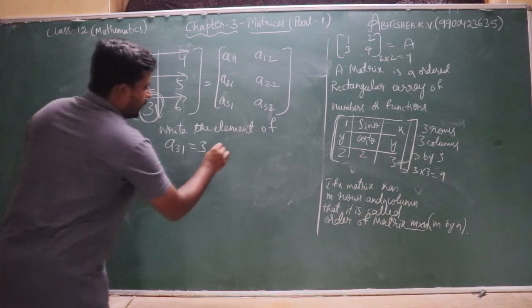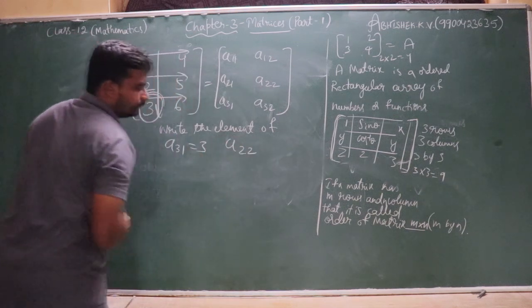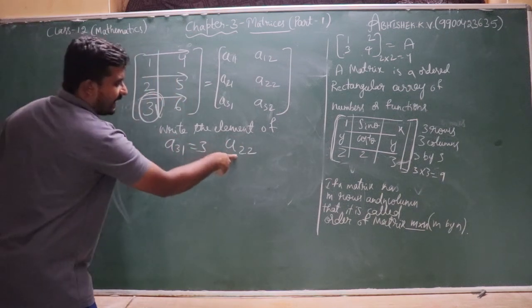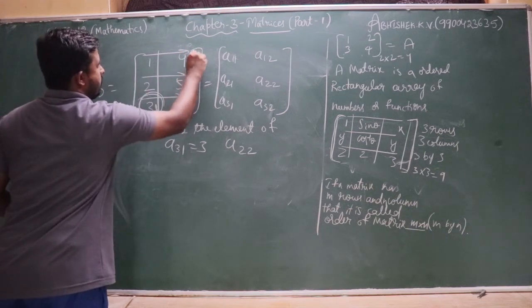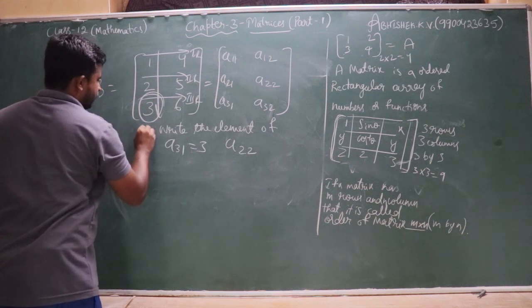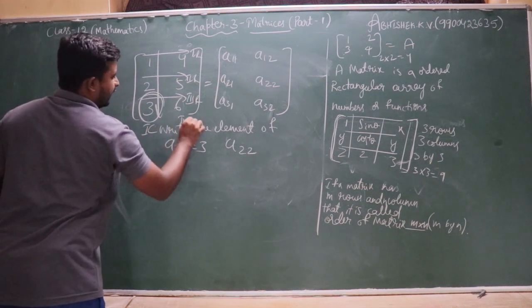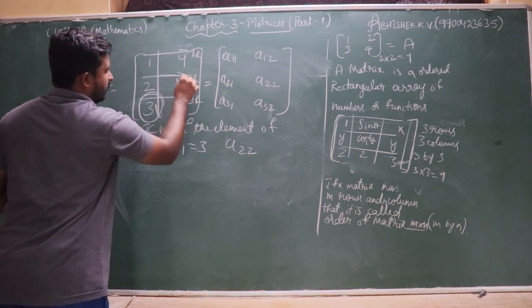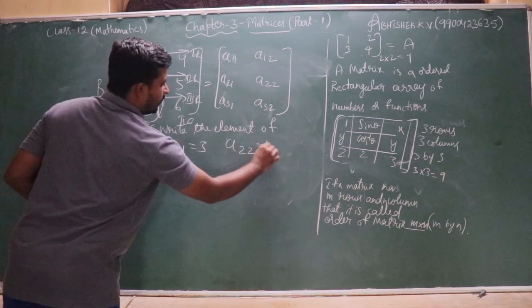Then A22: second row, second column, this is equal to 5.